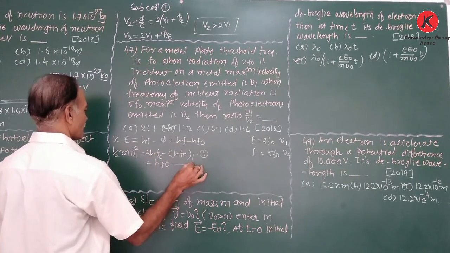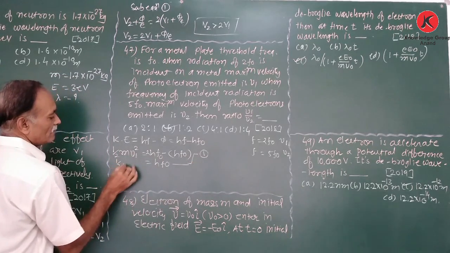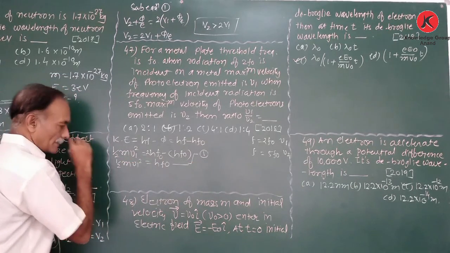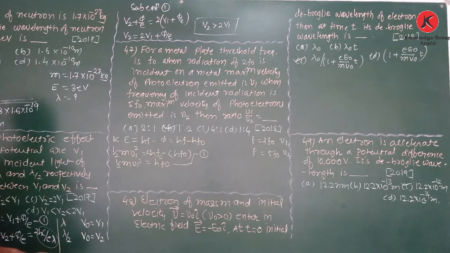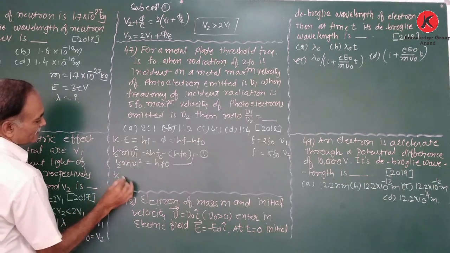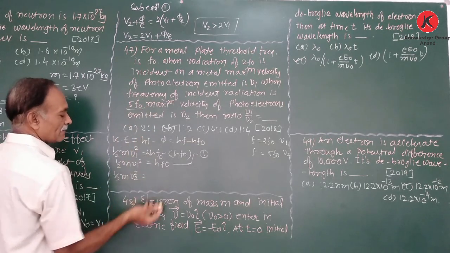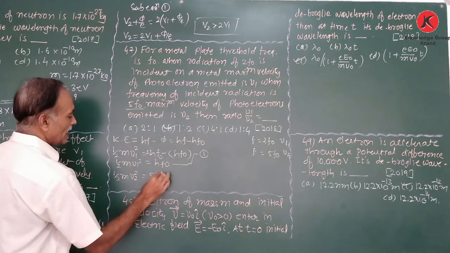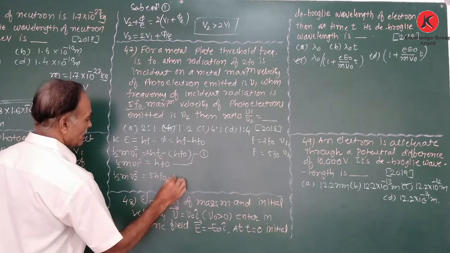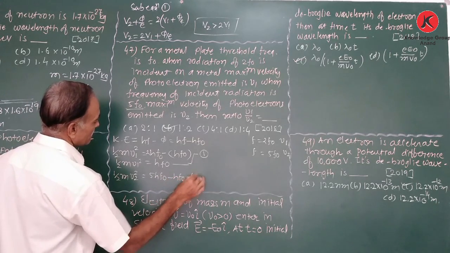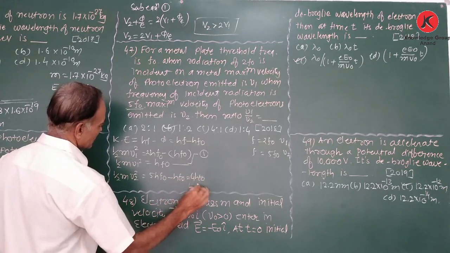That is our equation 1. And half m v2 square, when the frequency is 5f0, is 5hf0 minus hf0, that means 4hf0. That is equation 2.